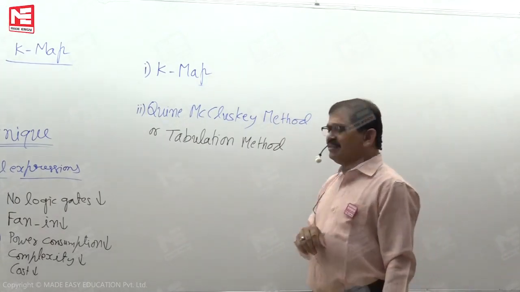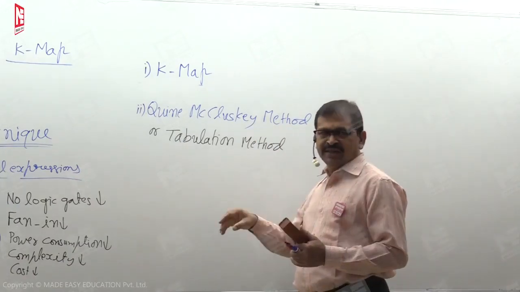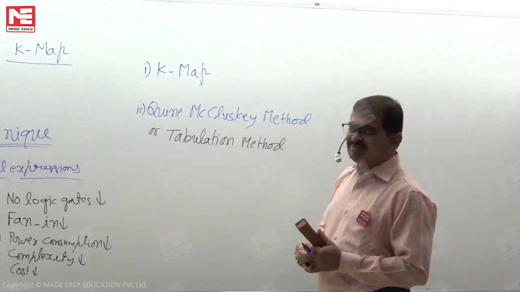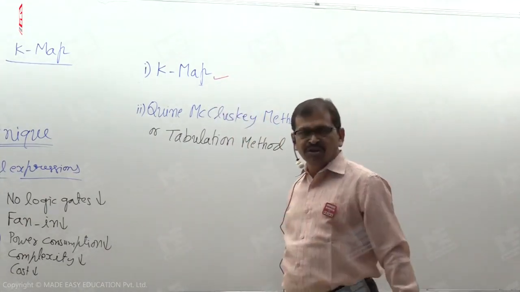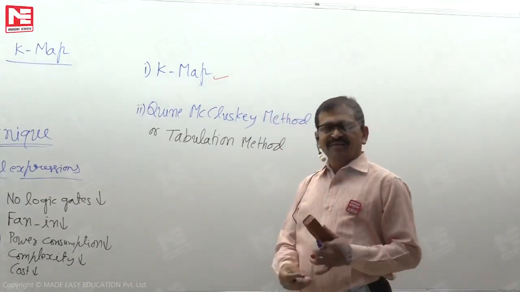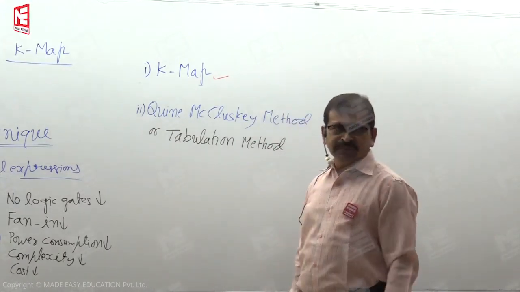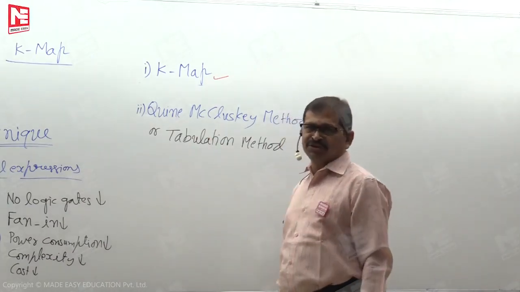So in our discussion, we are not discussing the Quine-McCluskey method or tabulation procedure. In the class, we will be discussing only the K-map, because questions are possible to frame as objective type questions using the K-map procedure, not with the tabulation procedure.